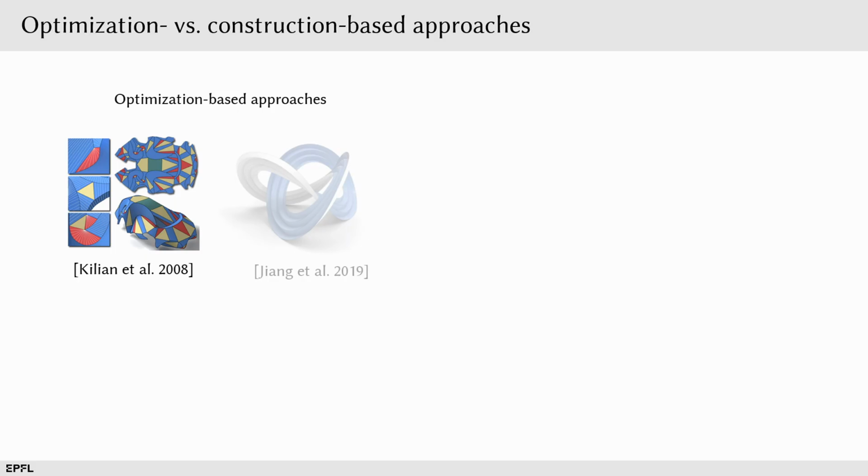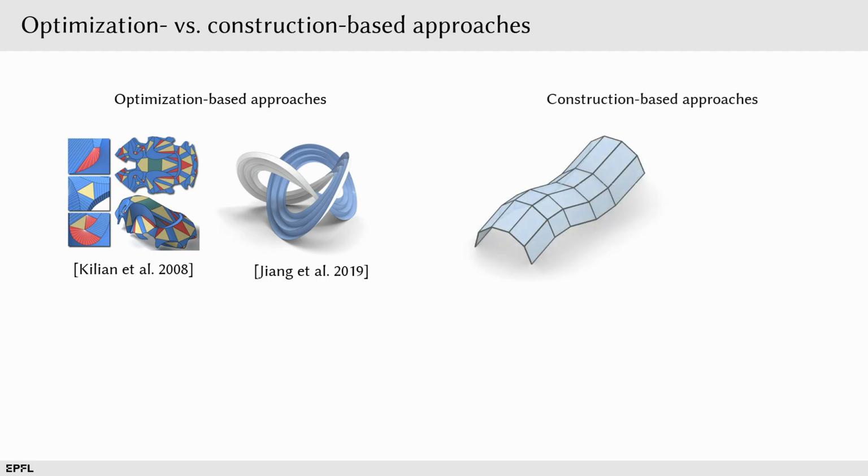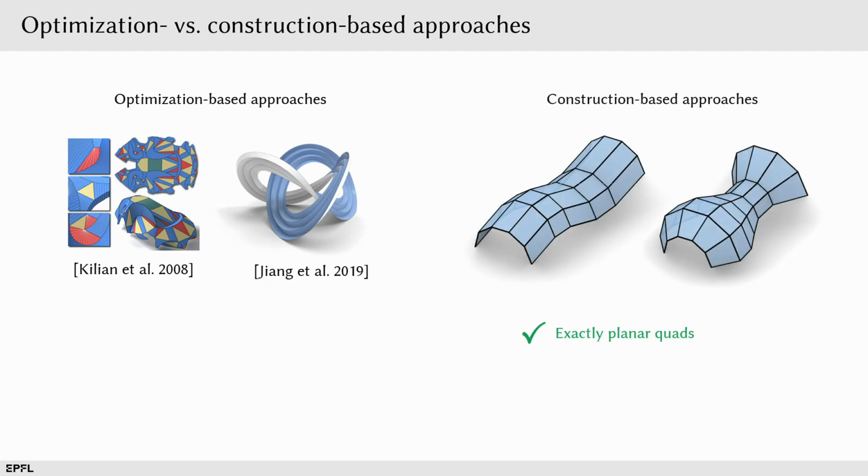To summarize, the design of composite developable surfaces as PQ meshes can be broadly categorized in two main paradigms. First, we have optimization-based methods, which start from an initial mesh and iteratively adjust its geometry to obtain approximately planar faces. And then we have constructive approaches, which guarantee face planarity by construction by leveraging geometric principles. Optimization-based methods typically provide only approximate solutions and may suffer from convergence issues.